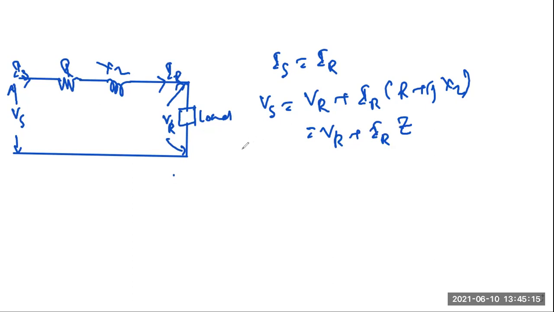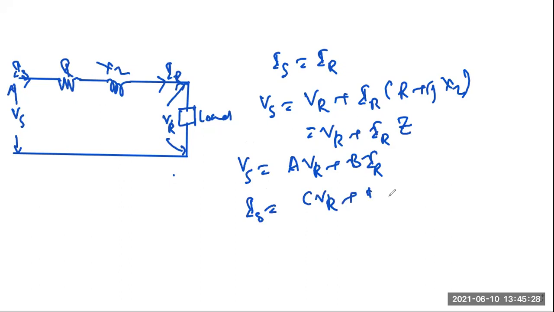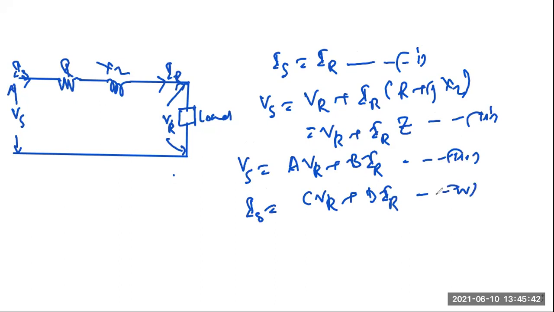Now we know the equations for the ABCD parameter: Vs equal to AVR plus BIR, and Is equal to CVR plus DIR. If you compare these equations, this is equation number 1, this is equation number 2, this is equation number 3, and this is equation number 4.